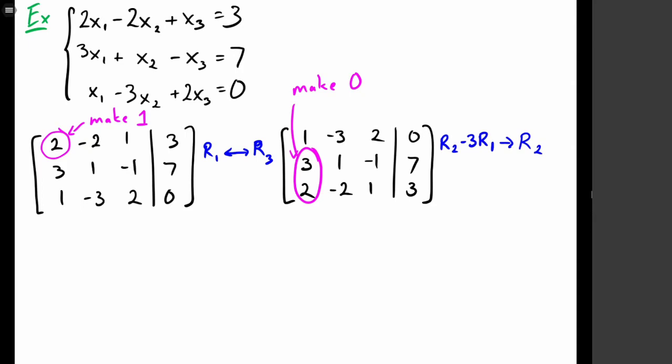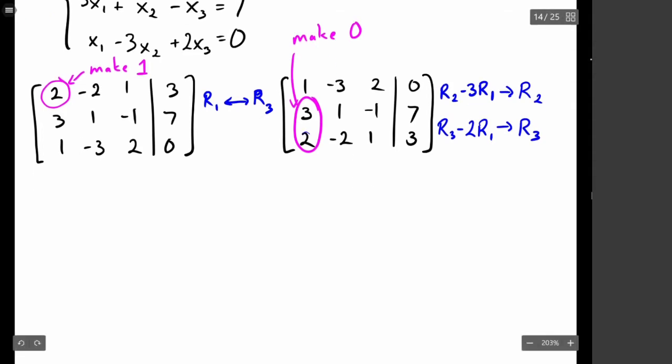Now I'm going to kind of combine some steps here, just to make this quicker. To get rid of this 2, we're going to do row 3 minus 2 row 1 goes to row 3. Okay? If we do that, these two numbers here become 0. Now, whatever happens to the rest of this doesn't matter too much. The point is, these become 0.